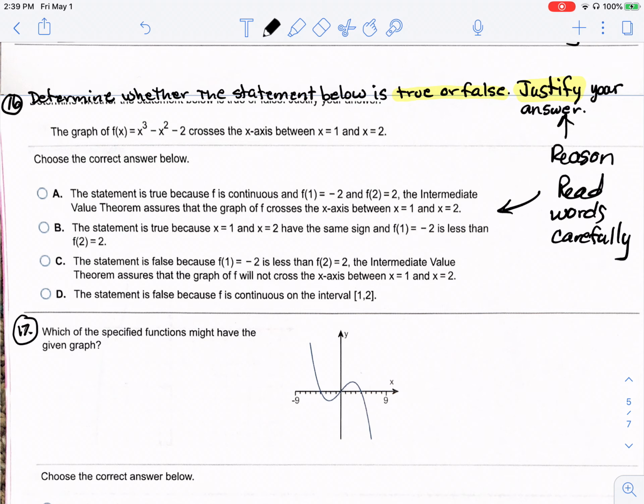They gave us a function, and they're telling us these should be x-intercepts. Are they really x-intercepts? And how do you know? And that's going to be your justifier.